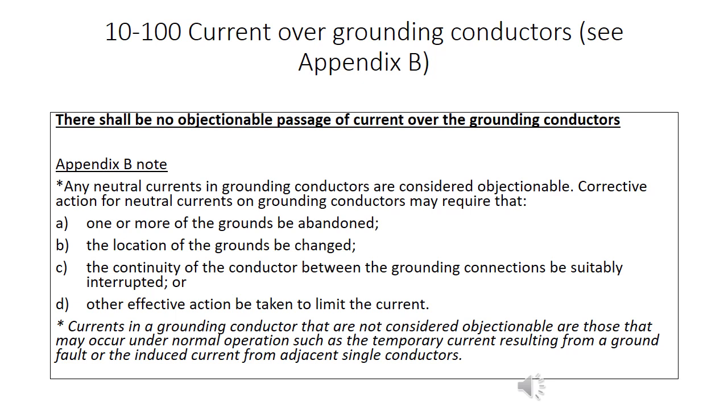Currents in a grounding conductor that are not considered objectionable are those that may occur under normal operation, such as temporary currents resulting from a grounded fault or the induced current from adjacent single conductors.